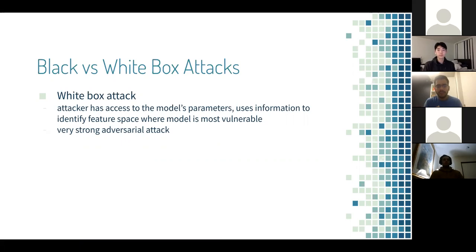Using this, you try to figure out how you can manipulate one of the training set images and create an adversarial example. So you assume that you have complete access to everything that the machine learning model has, and then try to figure out how to trick it.